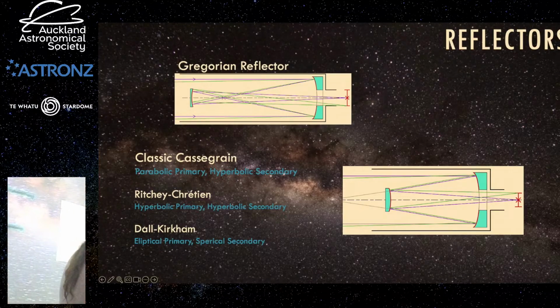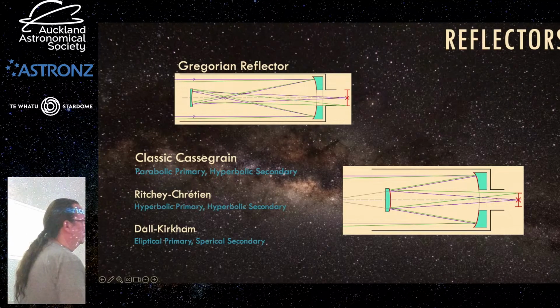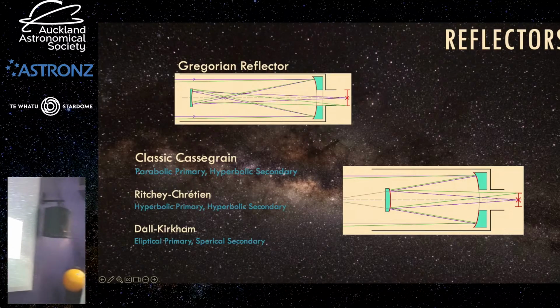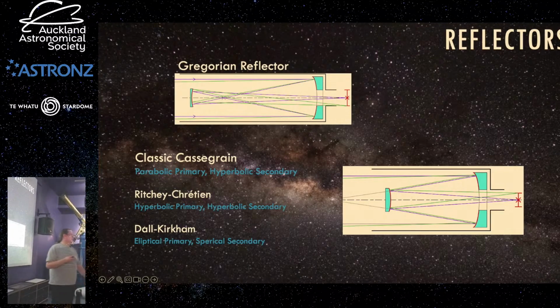There are some other variants of reflectors. One that you might come across in cheaper, entry-level telescopes is a variant of the Newtonian reflector, where they tend to sell them as short tube, or they may well be 1 or 2 meter focal length, and the length of the tube is significantly smaller than that.